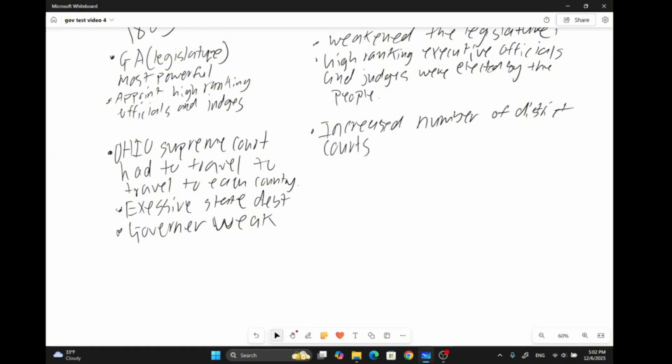That helped alleviate the issue of the court system. And now the Supreme Court could just reside in one place instead of having to travel around.